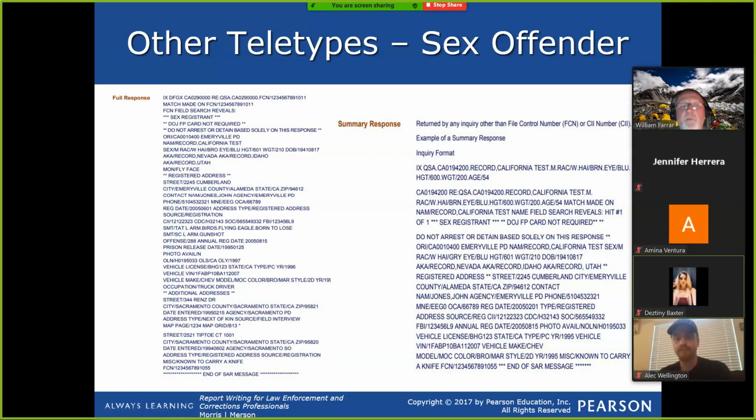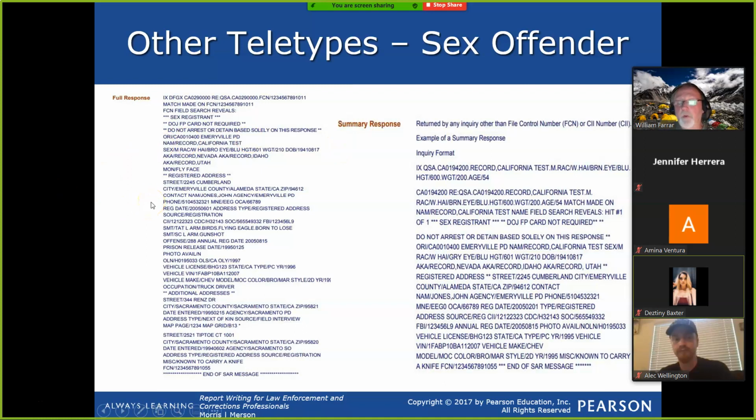Same with sex offenders. If you come across a sex offender and you run their name, you're going to get a hit that's going to look like this. And it's going to say, do not arrest or detain based solely on that, because if they didn't commit a crime, you don't arrest them, right? But now at least you know that you're dealing with a sex offender. Are they standing in front of a school?